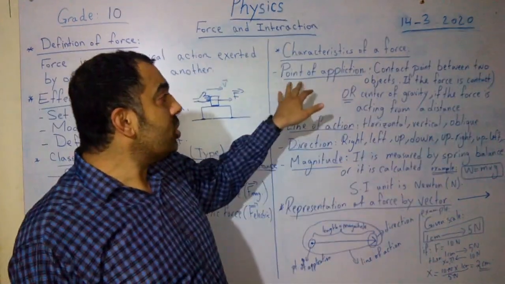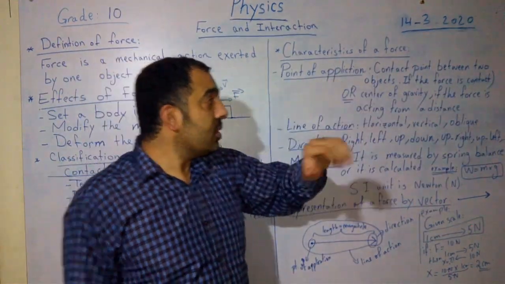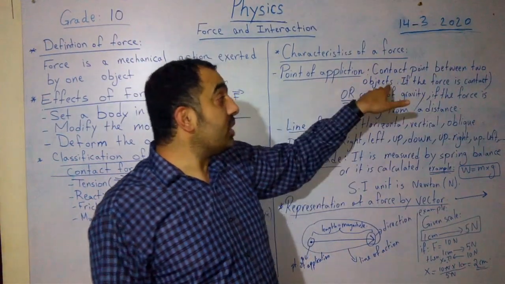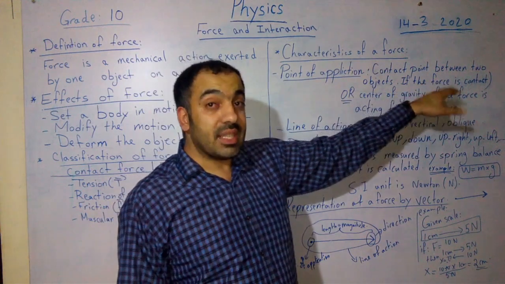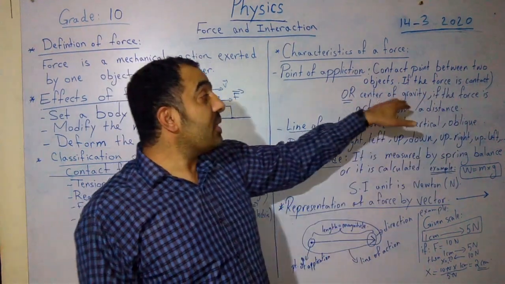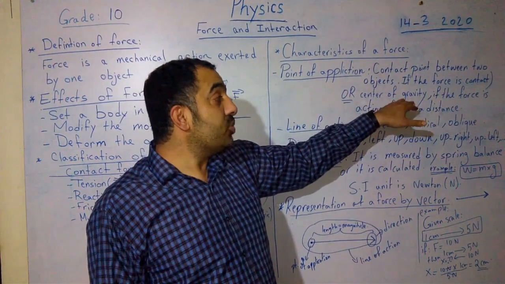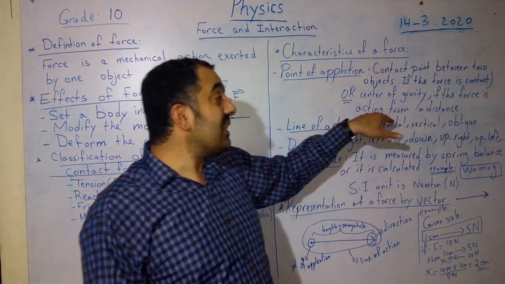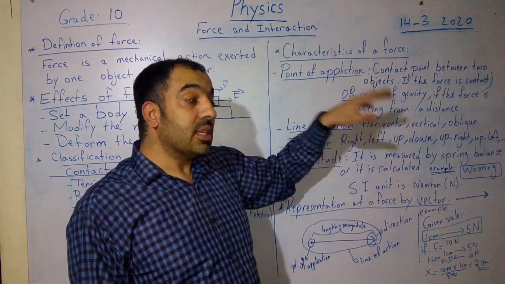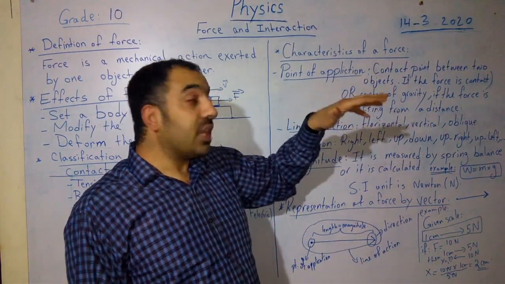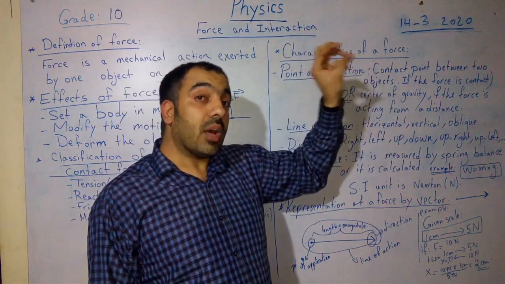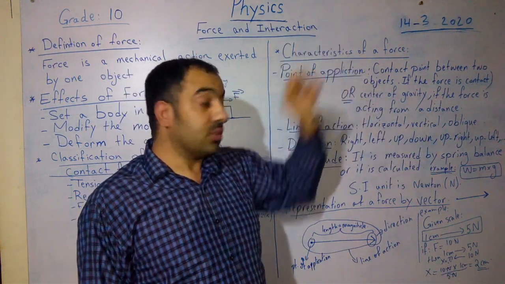The point of application may be the contact point between two objects if the force is a contact force, or the center of gravity of the object if the force is acting from a distance, like the weight. The point of application of the weight is the center of gravity of the body.